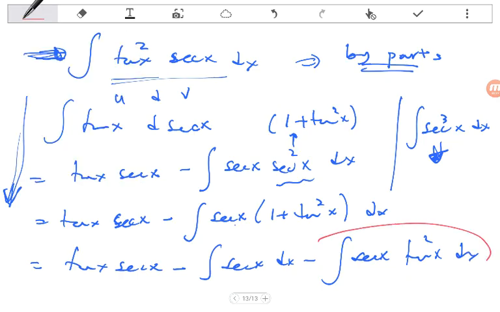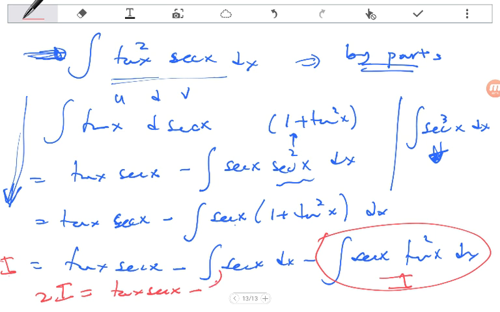It is the original integral, which is I. So I is equal to tan x sec x minus integration of sec x minus I. So now I have 2I equal to tan x sec x minus integration of sec x, which is ln sec x plus tan x, like this. I will be half of these plus c. Okay?